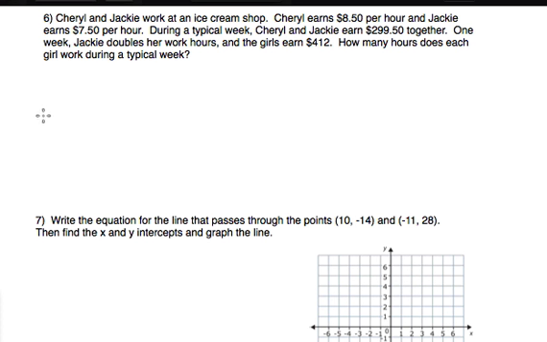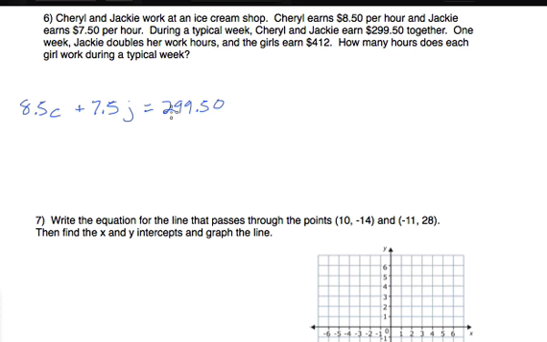Okay, let's describe what we've got. I'm going to use C for the hours that Cheryl works and J for the hours that Jackie works. We know that Cheryl earns $8.50 for every hour she works, and Jackie earns $7.50 for every hour she works, and on a typical week, using typical hours, they earn $299.50.